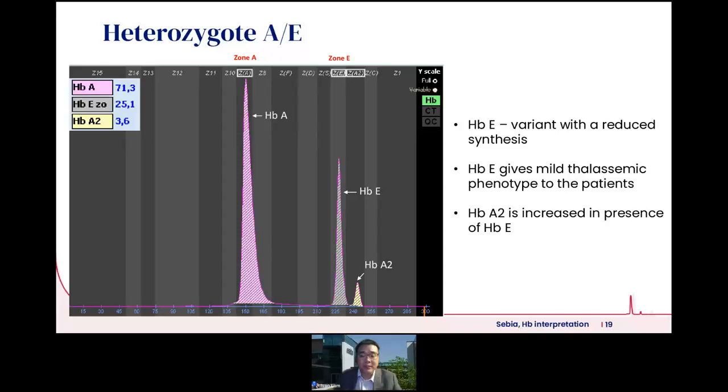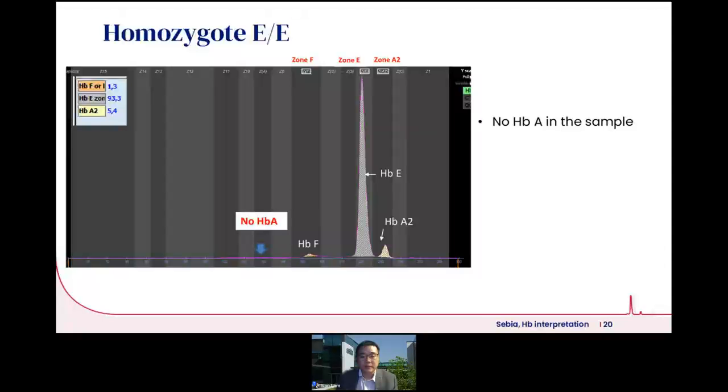So it presents like a mild thalassemia phenotype in patients because it affects hemoglobin E expression, unlike the other common variants shown in the previous slides that have a higher percentage in composition. Hemoglobin E is expectedly having a lower percentage, right? And also hemoglobin A2 is increased in the presence of hemoglobin E. So note that it has a thalassemic presentation in a way.